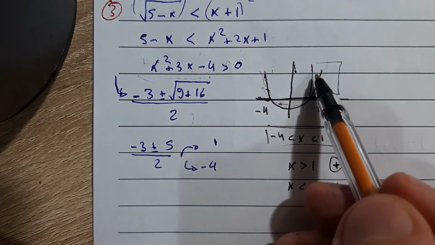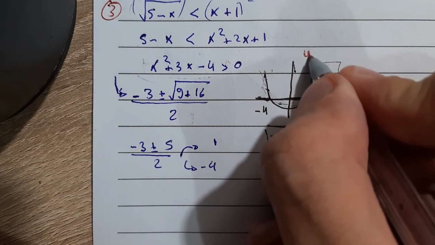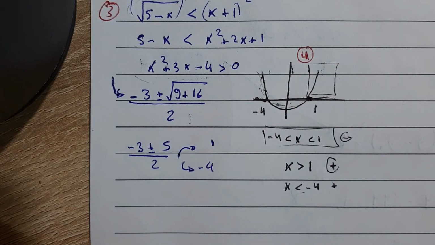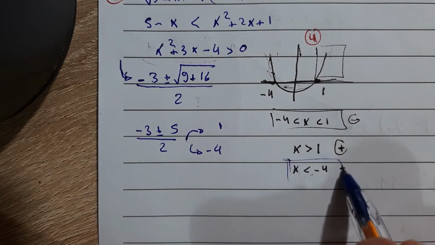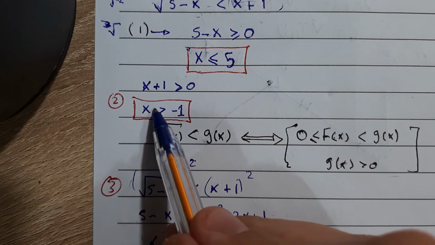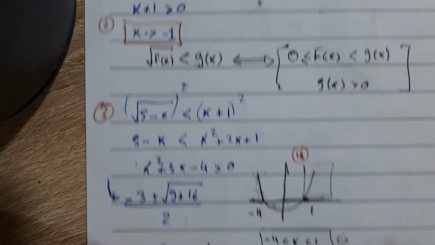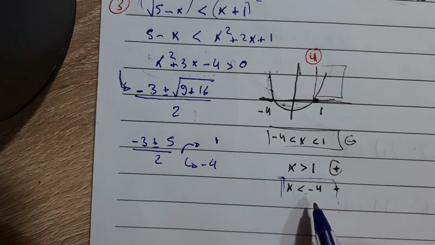You need to look at the graph. So this would be the fourth thing you need to remember from this question. But we can't use this one. Why can't we? Because remember, x must be bigger than minus 1. So when it's smaller than minus 4, it can't serve us.